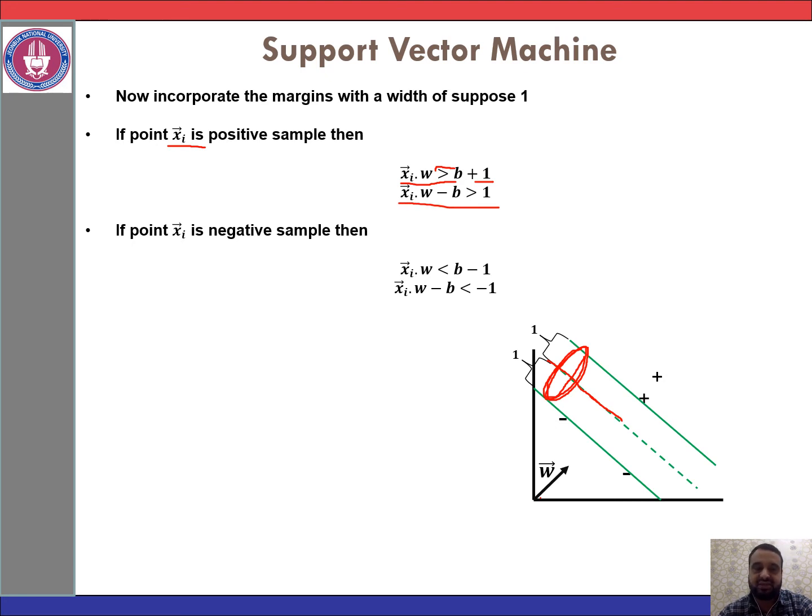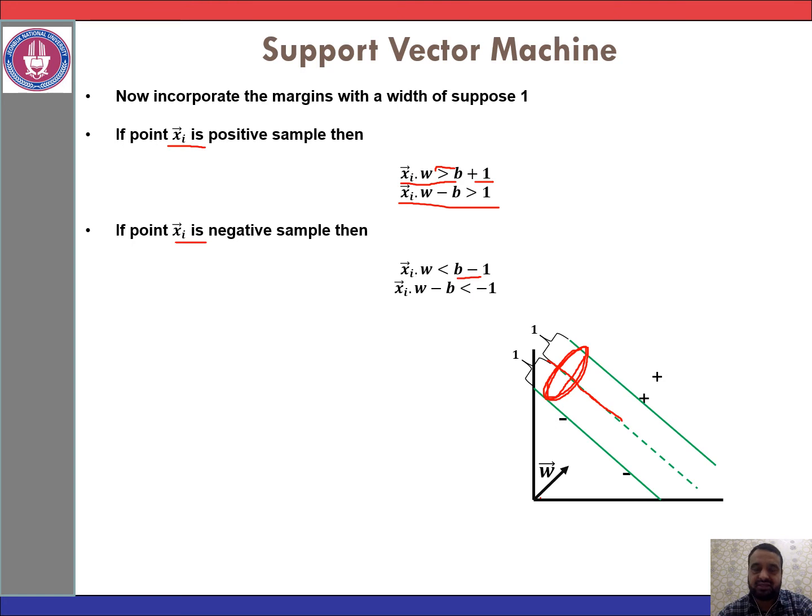Similarly, for the negative sample xi, previously it was xi dot w is less than b, but we have subtracted 1 to provide the margin to the decision boundary. So it is now b minus 1.